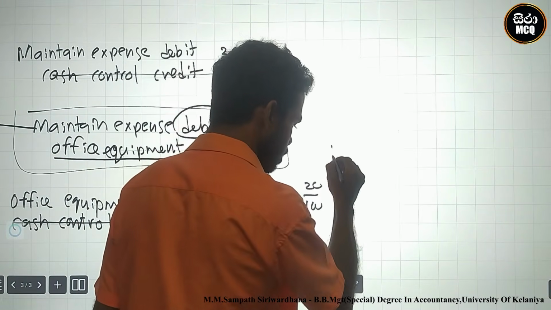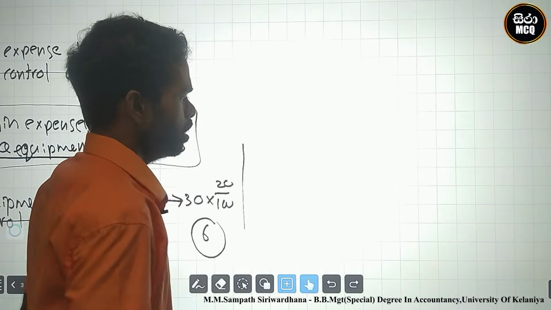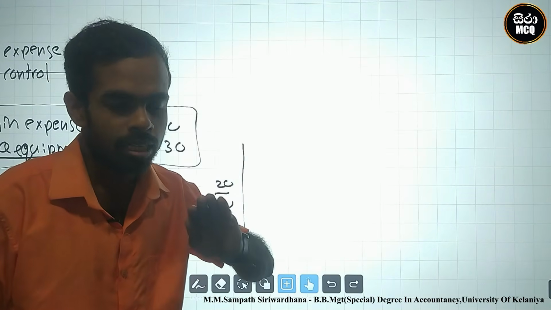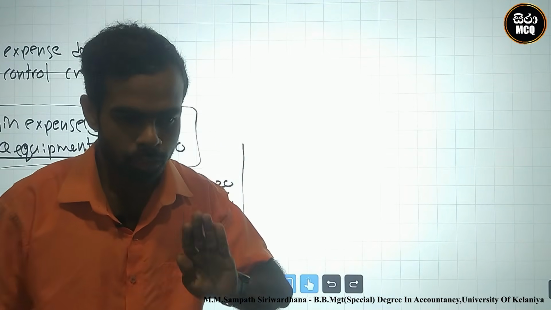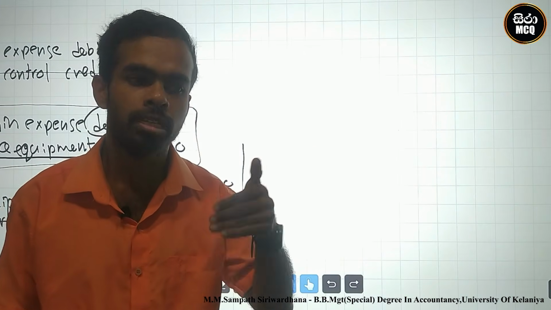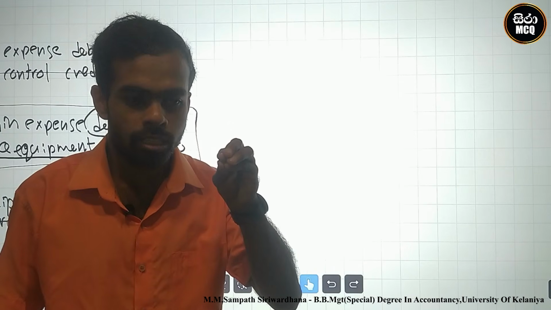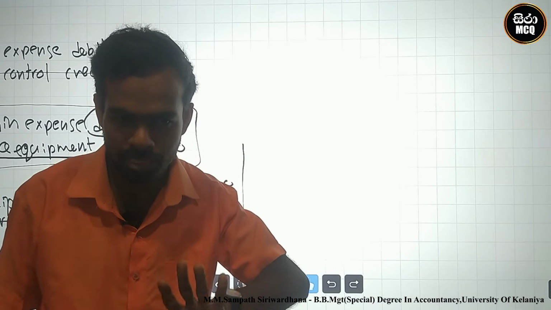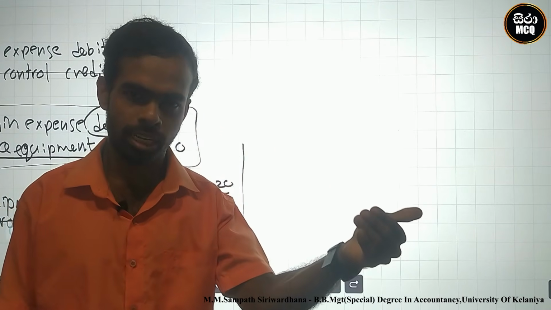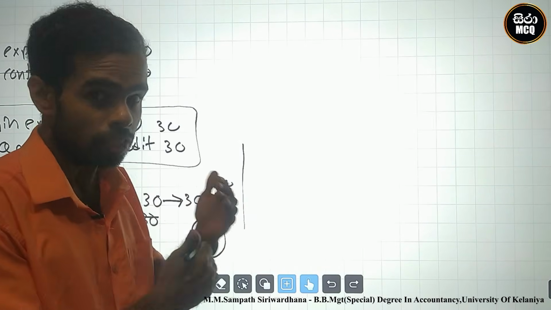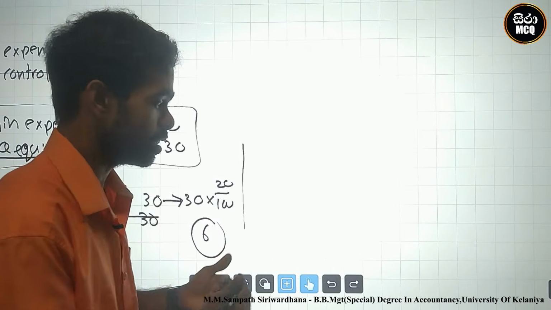What is the depreciation double entry? The normal entry was depreciation expense debit, accumulated depreciation credit. This is a normal entry. They already did it. We must reverse this depreciation expense.